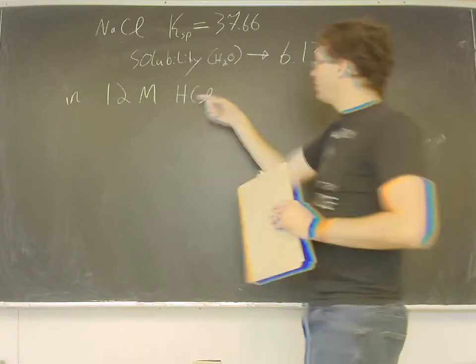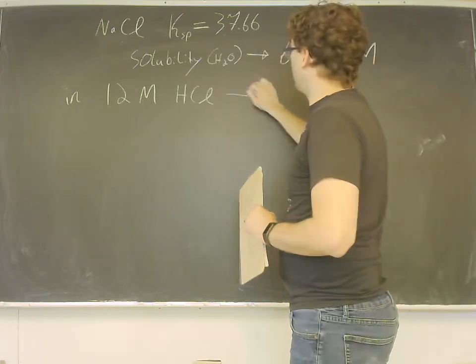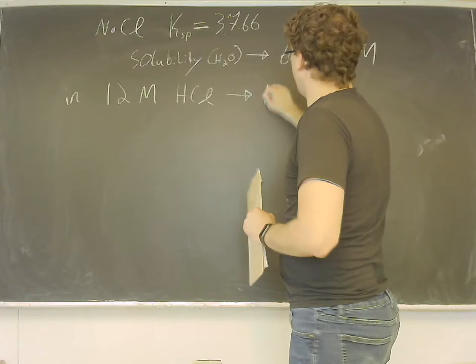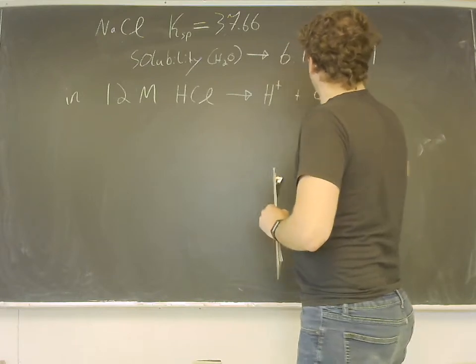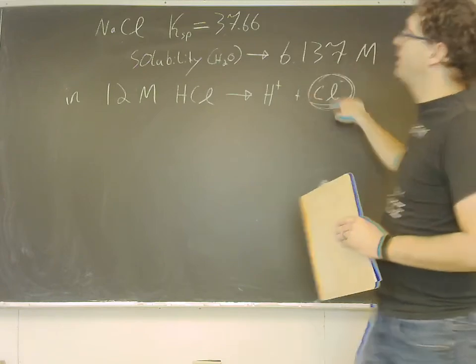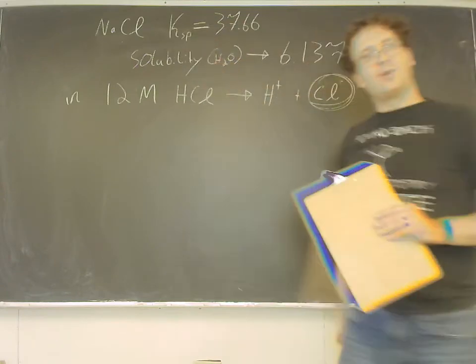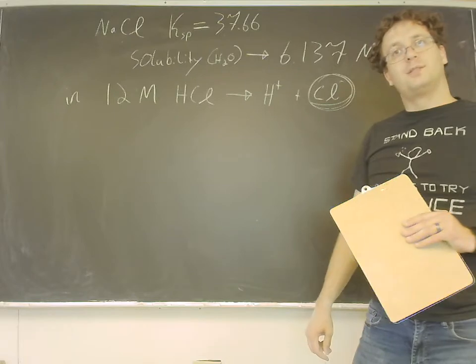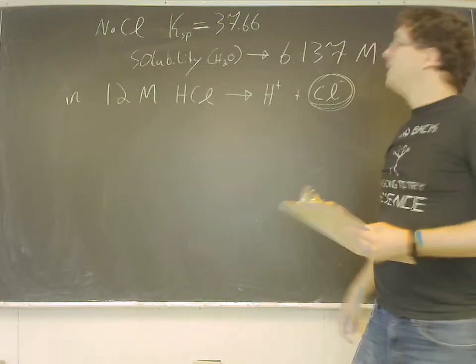But hydrochloric acid is a strong acid, so what this really means is that I have H+, I also have Cl-, and this is the ion which is shared in common with sodium chloride, our soluble salt of interest.